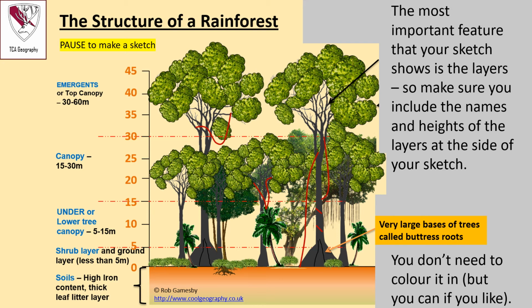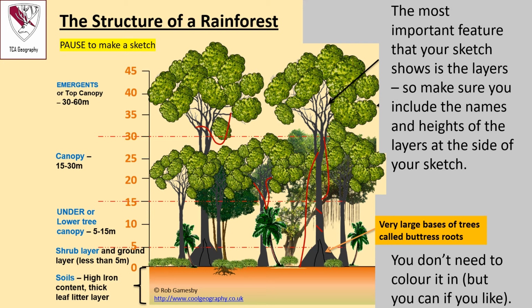I'd like to point out to you the red lines. They are lianas, a type of vine, but we're going to look at vegetation in more detail next lesson. There's also the buttress roots. These are the very large but overground roots of the tallest trees. So they can go up to 5 metres tall above the ground.